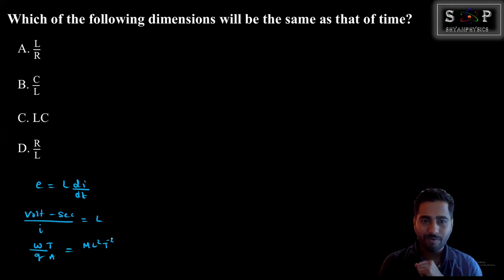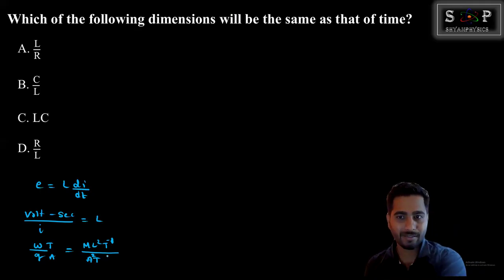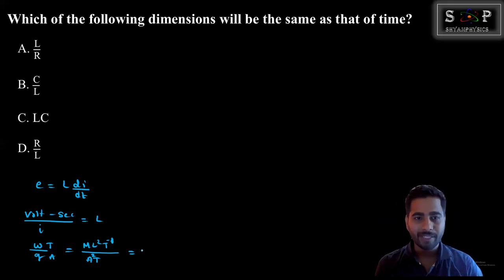And for time, one more time if you multiply, it means it is plus minus 1 divided by charge, which can be written as ampere into time, and one more ampere, so it is ampere square. If time comes to the numerator, then its value will increase, so it will come here as m L to the power 2 t to the power minus 2 a to the power minus 2.